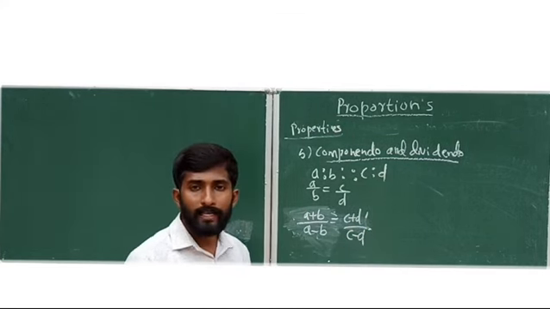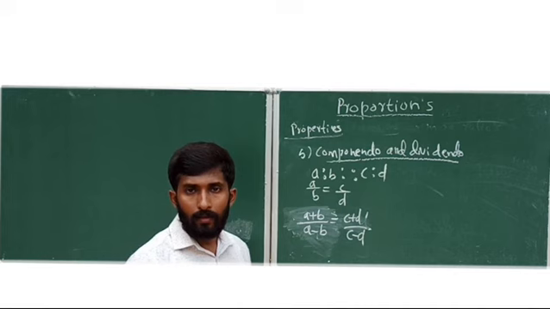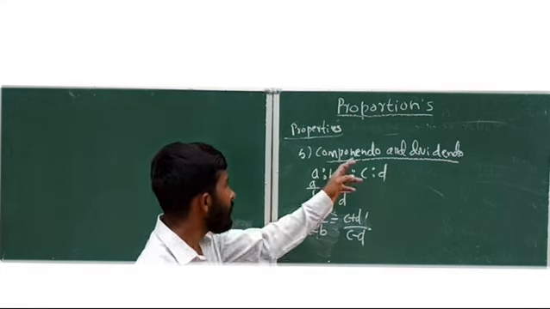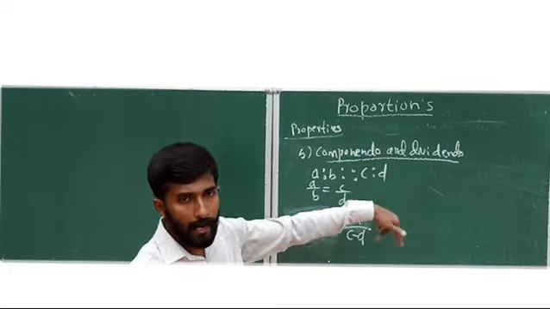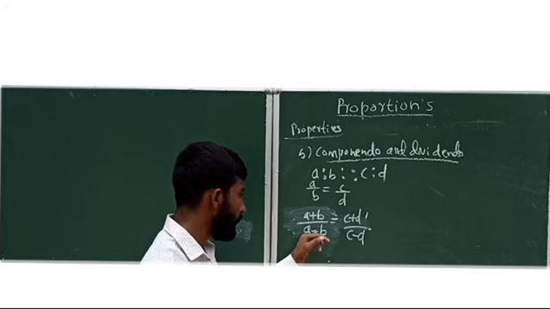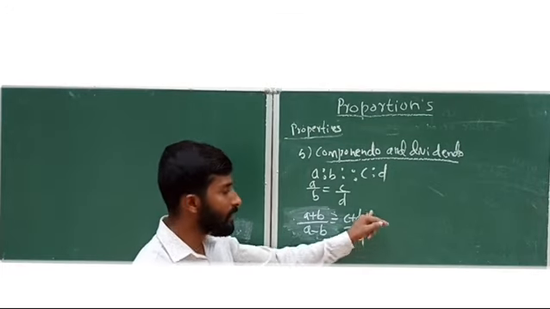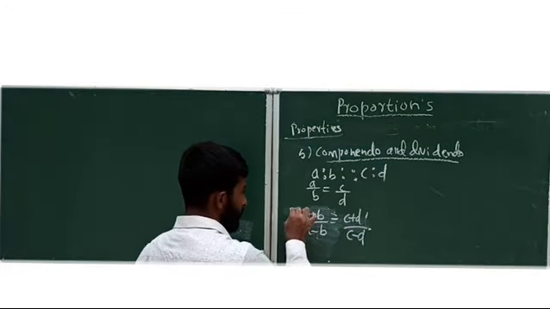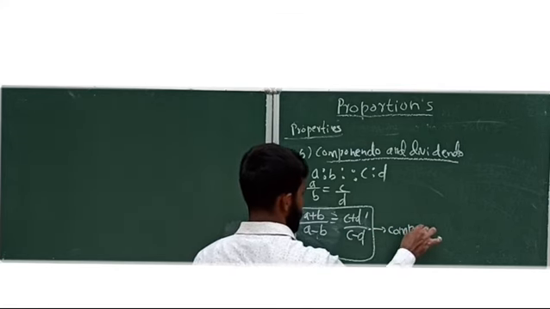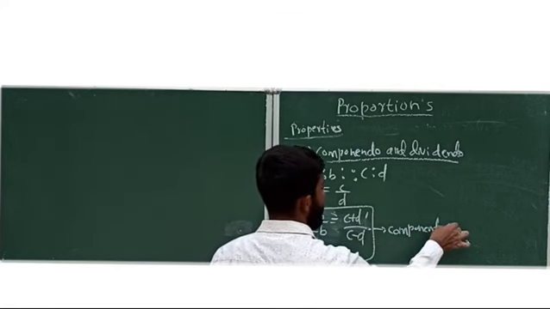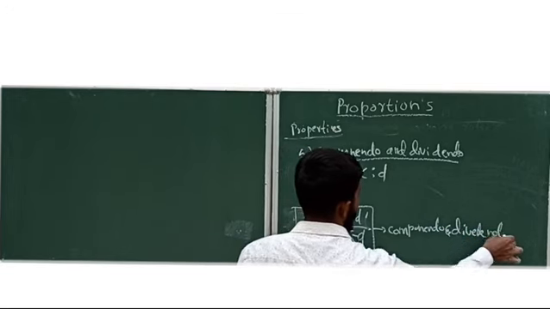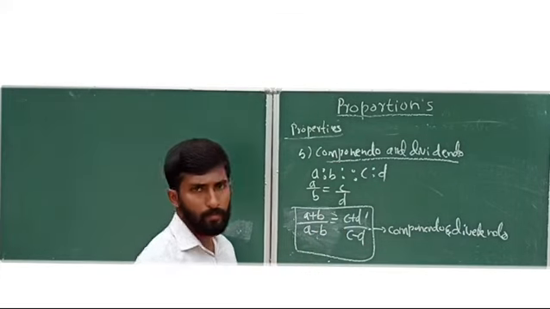We know componendo means (A plus B) by B equal to (C plus D) divided by D. Okay, here you are using both componendo and dividendo. So its value is (A plus B) by (A minus B) equal to (C plus D) divided by (C minus D). This is called componendo and dividendo property of the given proportion.